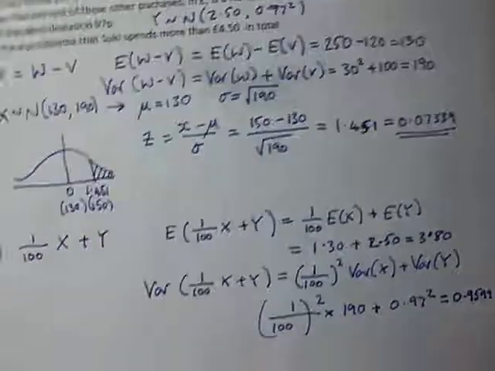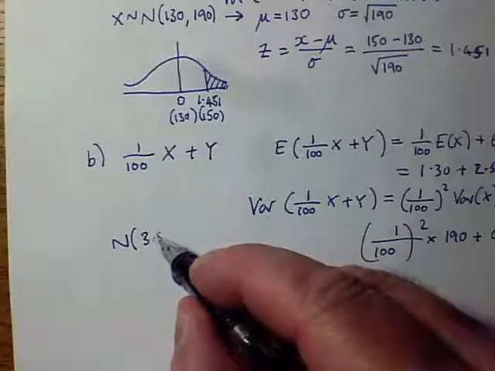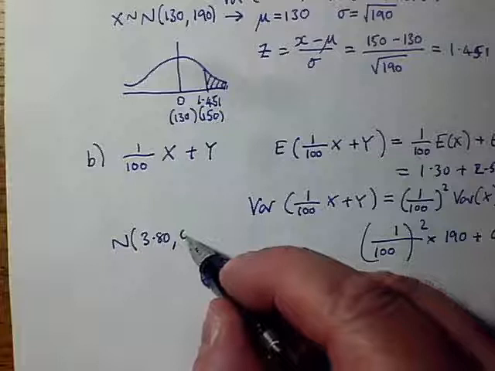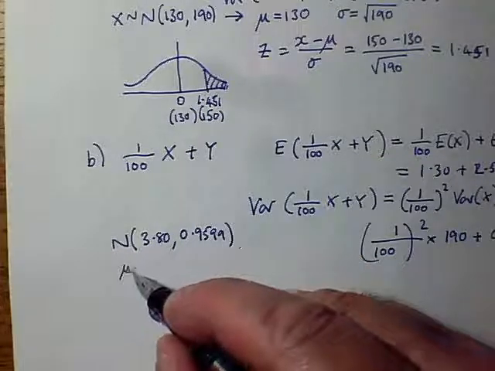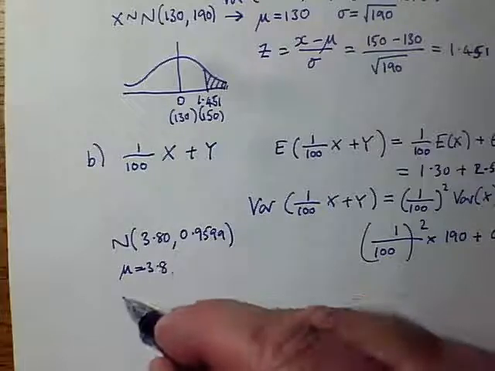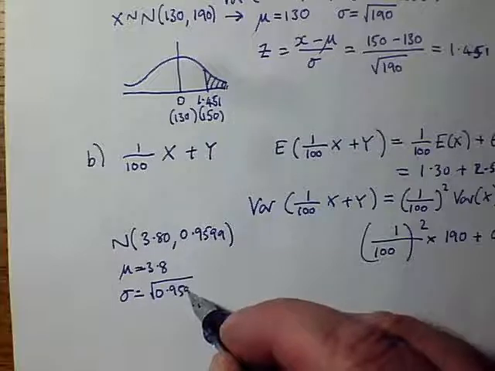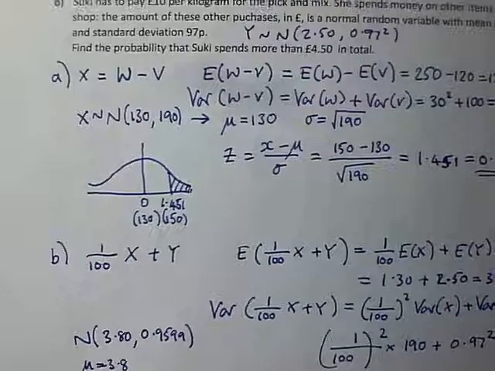So I've got a variance and I've got a mean. So therefore the normal distribution I need is going to have the mean, which was 3.80, and that value I've just worked out for the variance, which is 0.9599. So mu equals 3.8, and sigma is the square root of 0.9599. So I've now got to do the probability calculation.